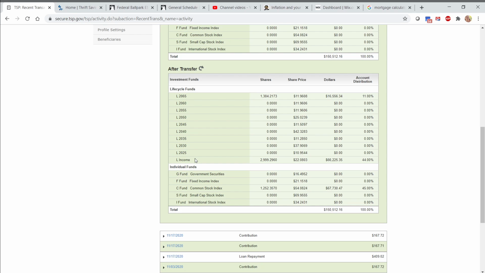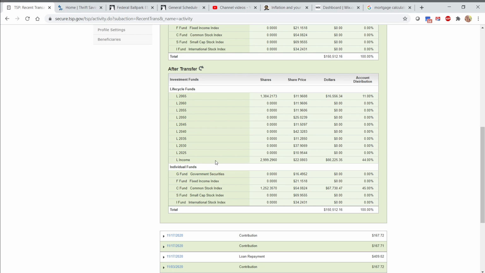So I got kind of lucky. Granted, it took 3 years to happen. So for 3 years, I had the majority of my funds safeguarded in the L Income. And then I believe March of this year, we had a 20% correction. So at that point in time, the money that I had in the L Income fund was spared losing 20% of what it had.